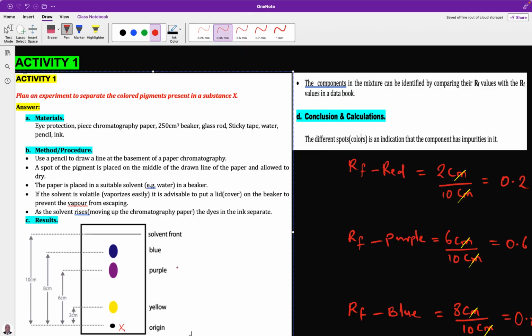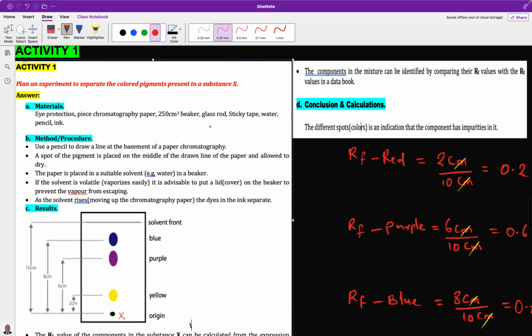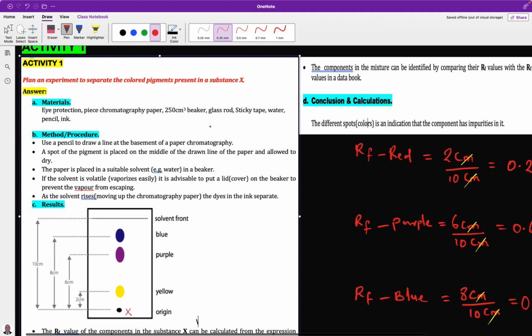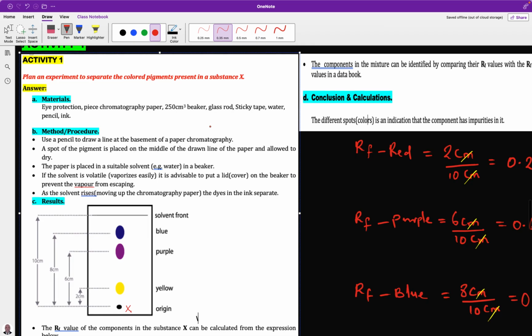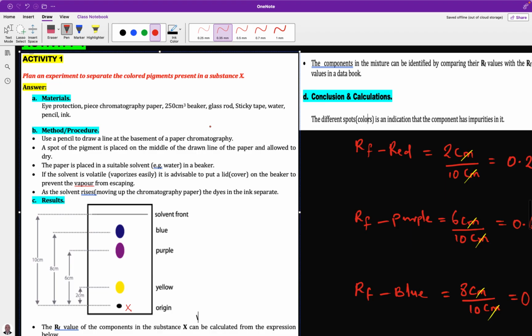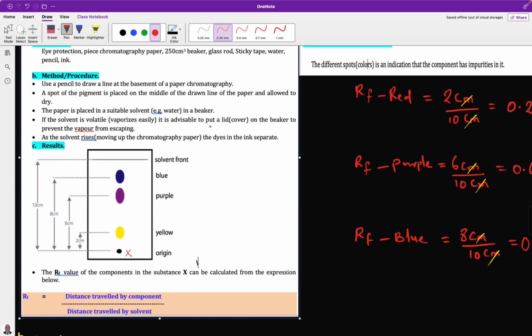But because it has different colors in it, we say it has impurities. So that is how you can plan an experiment to use the paper chromatography technique to detect impurities or the different components in a mixture.